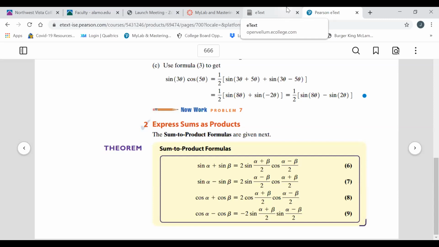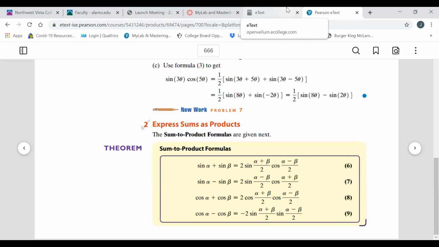The third formula is cosine alpha plus cosine beta equals 2 cosine, big parentheses, alpha plus beta divided by 2, times cosine, big parentheses, alpha minus beta divided by 2. And then the fourth one has to be the oddball, right?